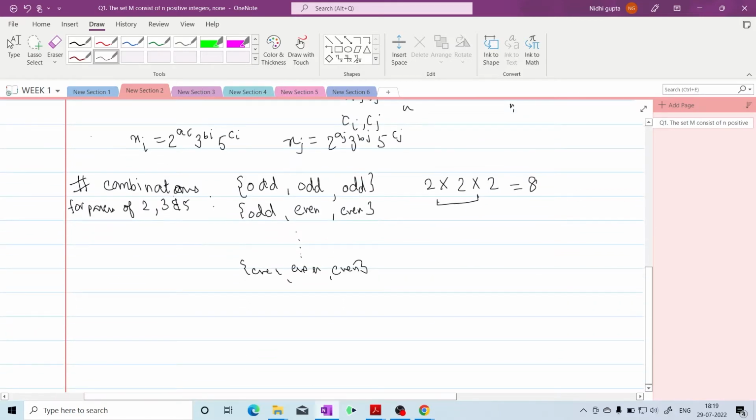Now we want the product of xi and xj to be a perfect square. From any collection we want two integers such that their product is a perfect square, and this can only happen when ai and aj have the same parity, bi and bj have the same parity, and ci and cj have the same parity.